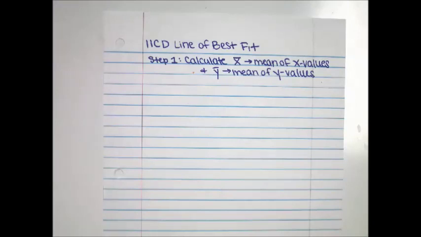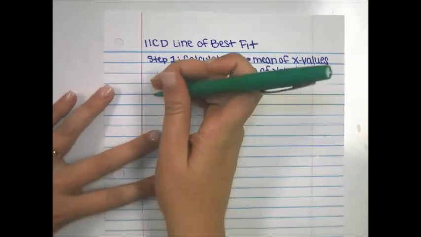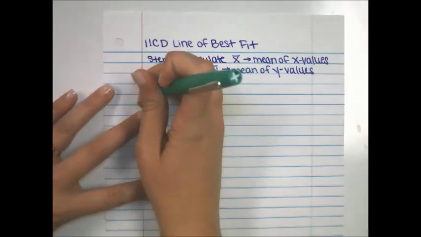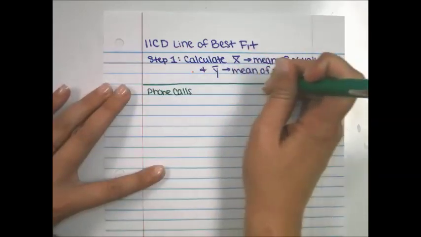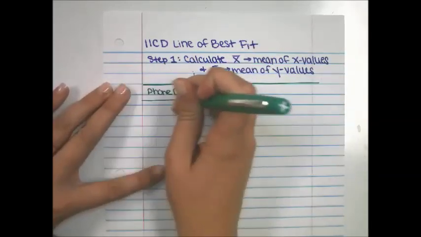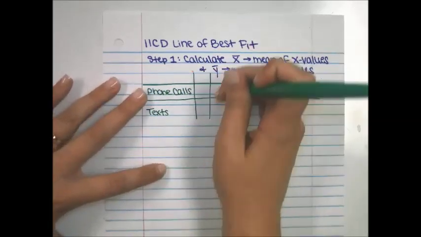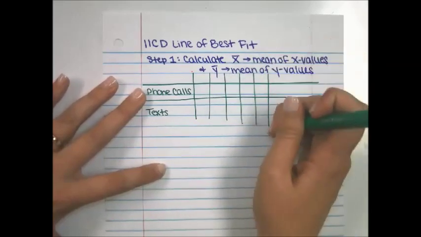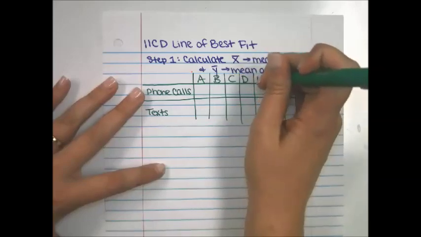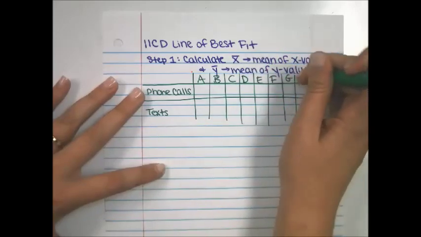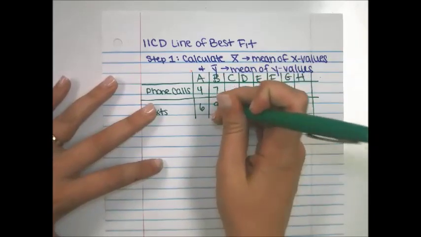I'll copy this table over again. So we've got our 8 students, and here's the data that goes along with them.